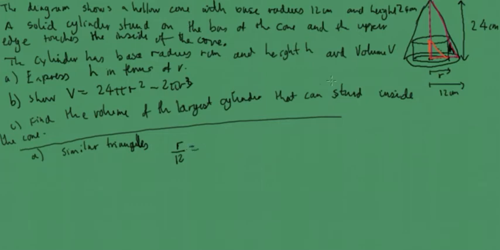So the scale factor for the radius, the bottom part of the triangle, this line here, will be the same as the scale factor for the height of the triangle.